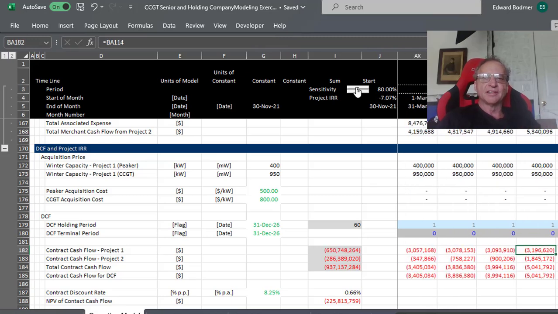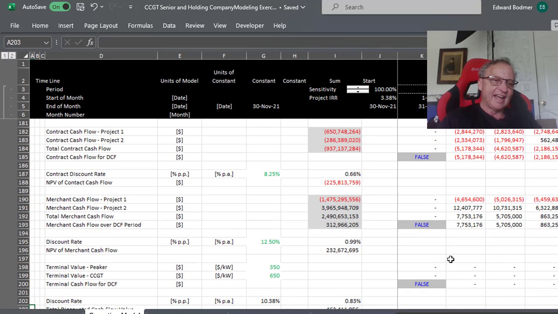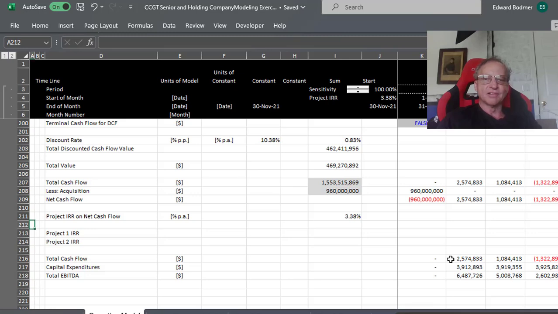Okay, now I put a little thing where I changed the merchant price, and even if we have that merchant price at 100, we get an absurd kind of result. And where in the heck did I put the project IRR?